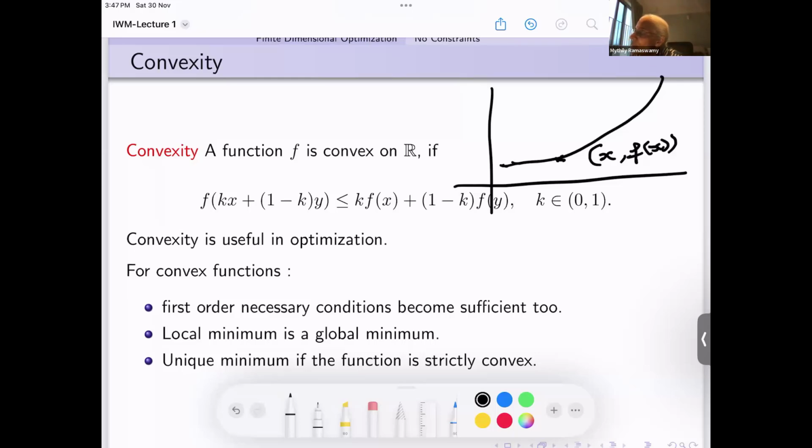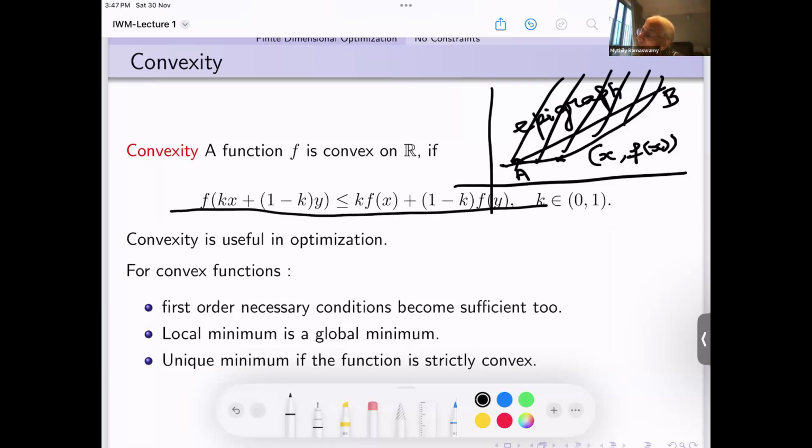What I wanted to say was the epigraph, the points above the graph of this function, will be a convex set. And if I draw a secant joining A and B, this secant will lie above the graph of the function. That is this condition analytically explained. Geometrically, it means any secant lies above the graph of the function. So that is what it means, for every k between 0 and 1.